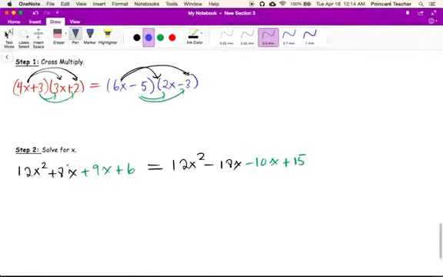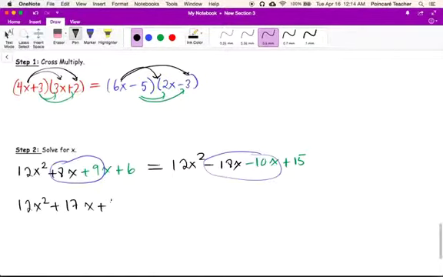Okay, now I'm going to combine like terms. So it'll be 12x squared plus 17x plus 6 equal to 12x squared minus 28x plus 15.